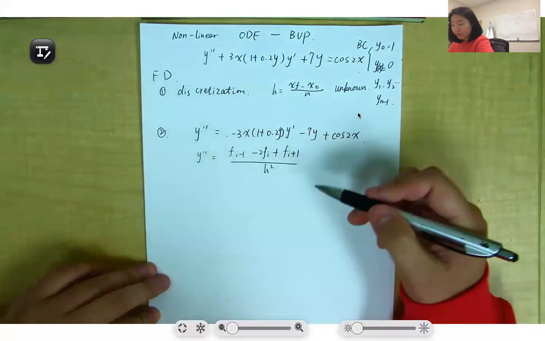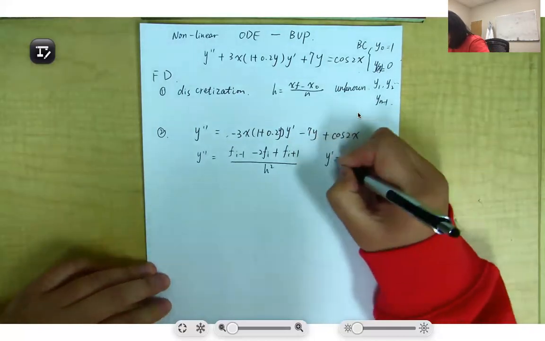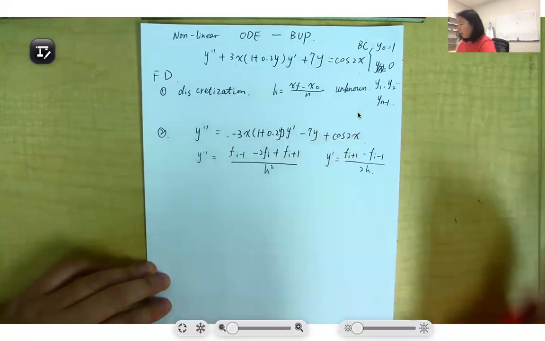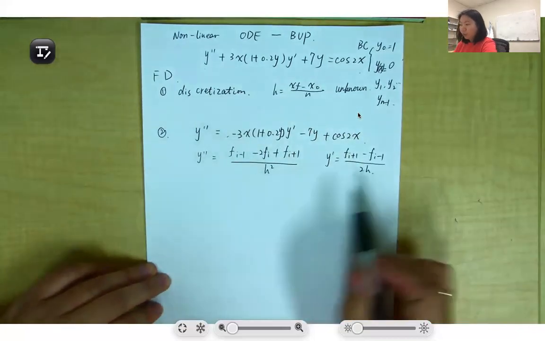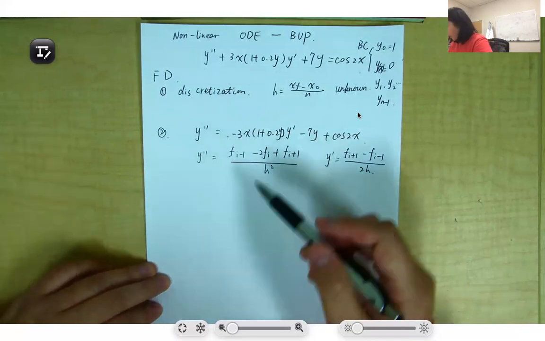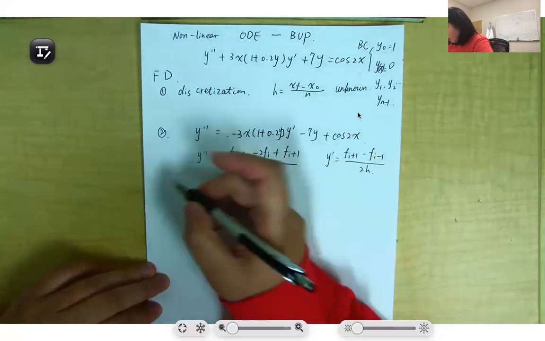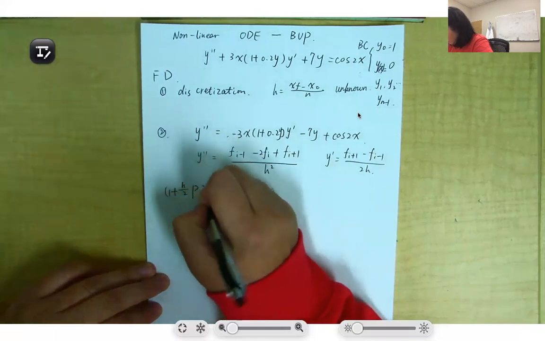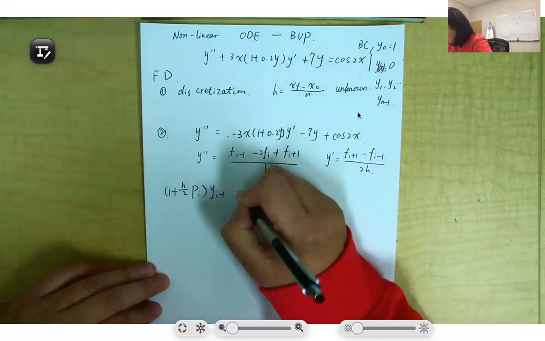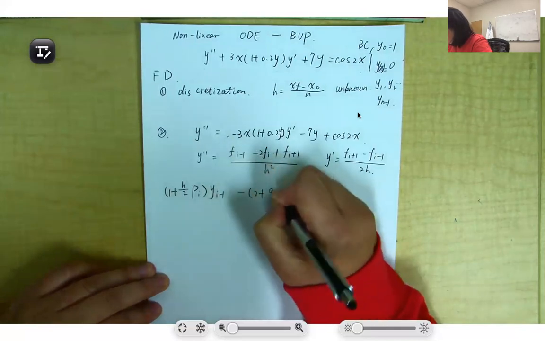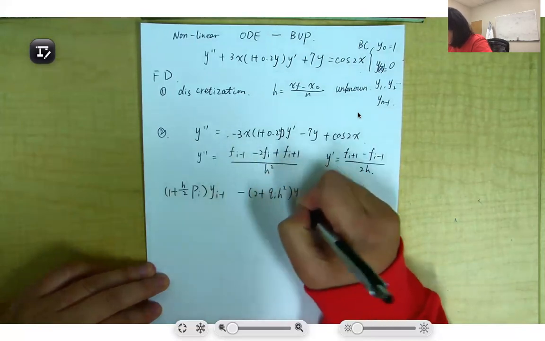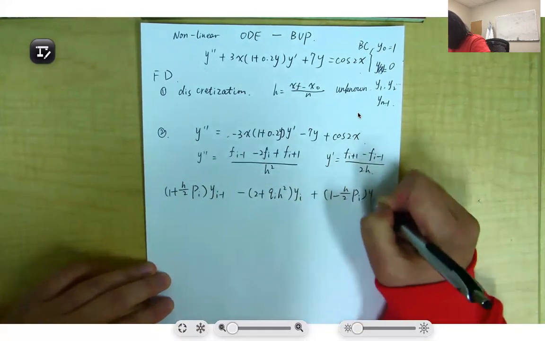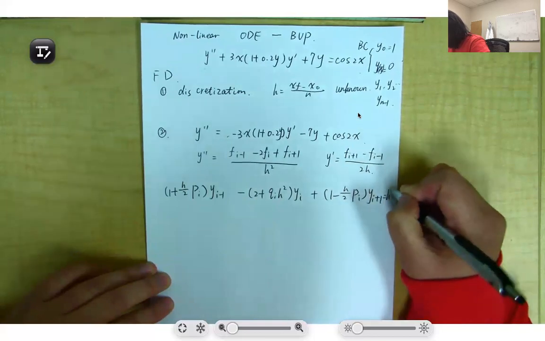That is the central difference. Y prime equals yi plus 1 minus yi minus 1 divided by 2h. Combining these two equations, we can write the coefficients of our y. So it will be (1 + h/2 pi) yi minus 1 minus (2 + qi h squared) yi plus (1 minus h/2 pi) yi plus 1 equals h squared ri.